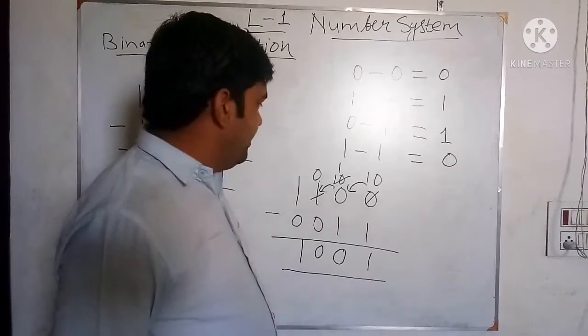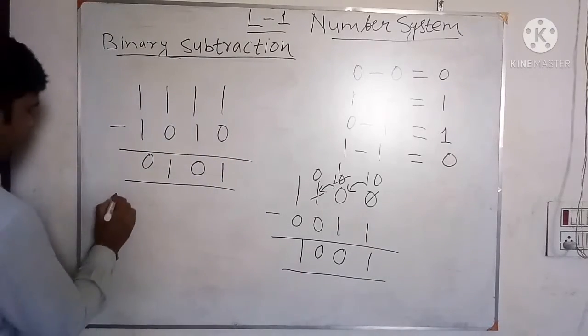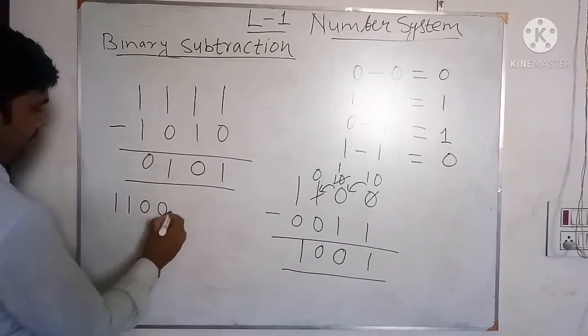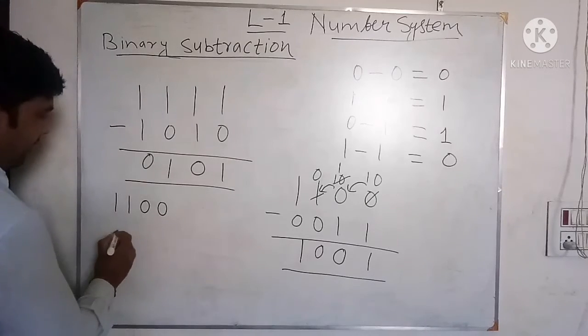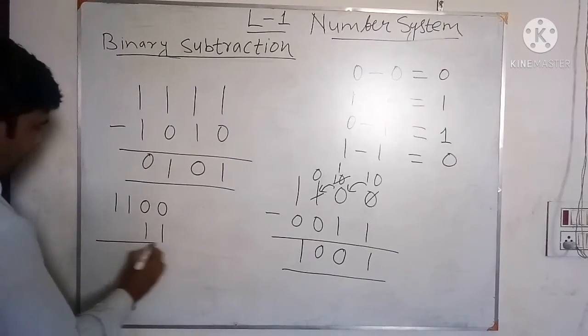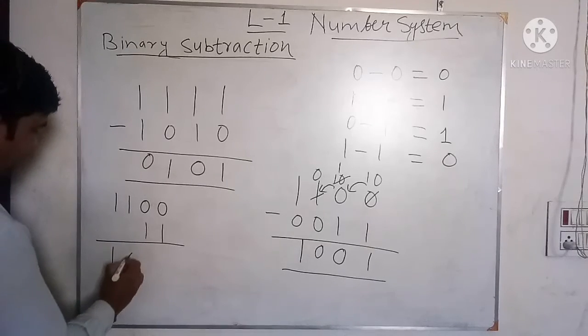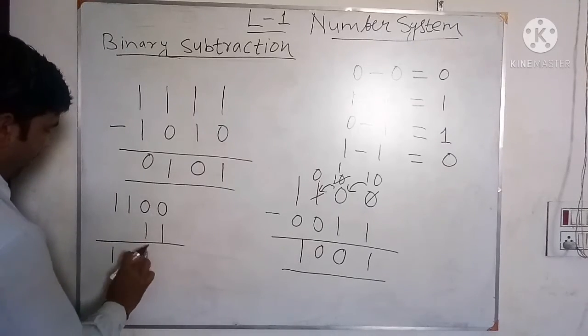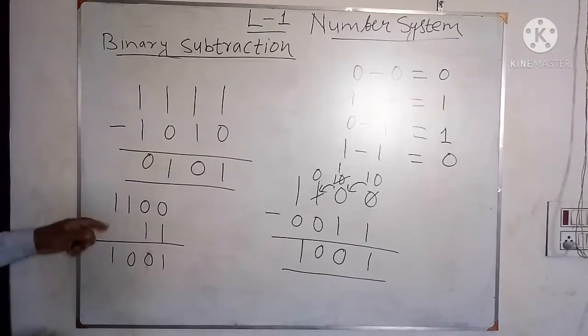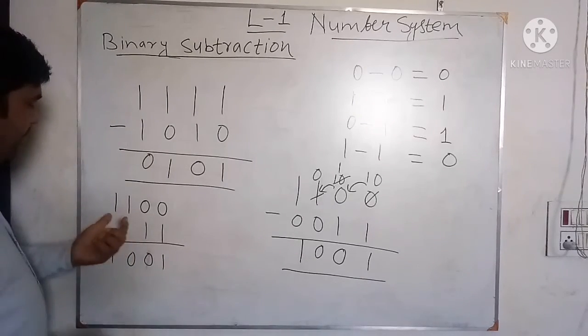The number we have taken is 1100 and we have subtracted 0011, and the result we got is 1001.